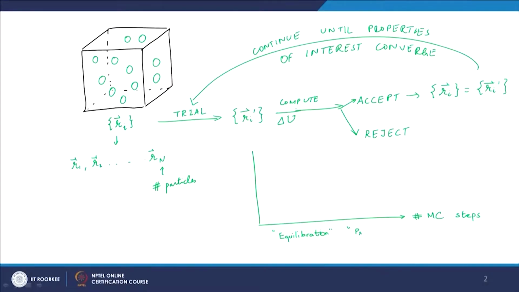So, if a particle is going this way, it has probability also to go back in the opposite way, such that the rates of both the forward and backward processes are constant. So, constant and equal. So, after we reach equilibrium, then we do something known as a production run, where you can average over those many conformations which are at equilibrium.